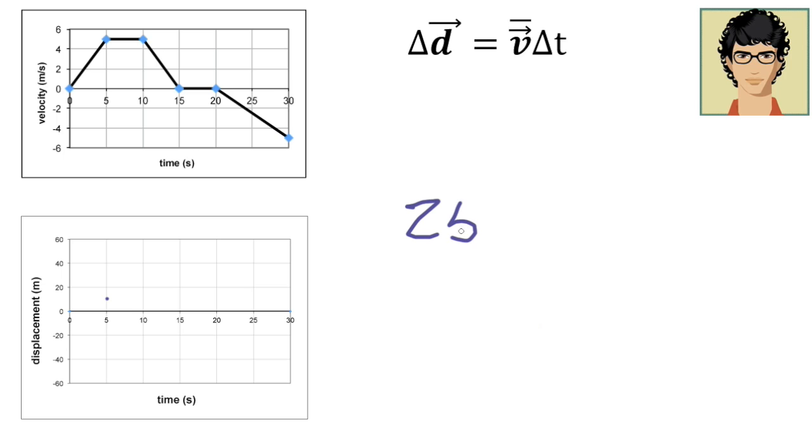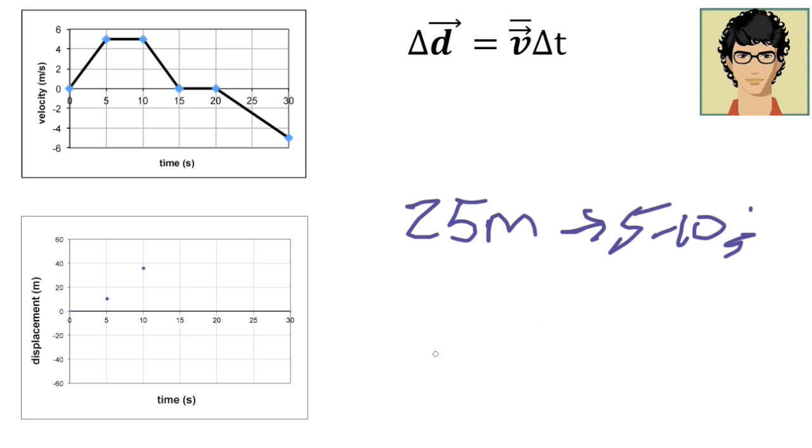So it's 25 meters from interval 5 to 10 seconds. And so we want to add that to the previous position over here. We've got 12.5 and 25, about 37.5, so I'm going to mark that here, like that.